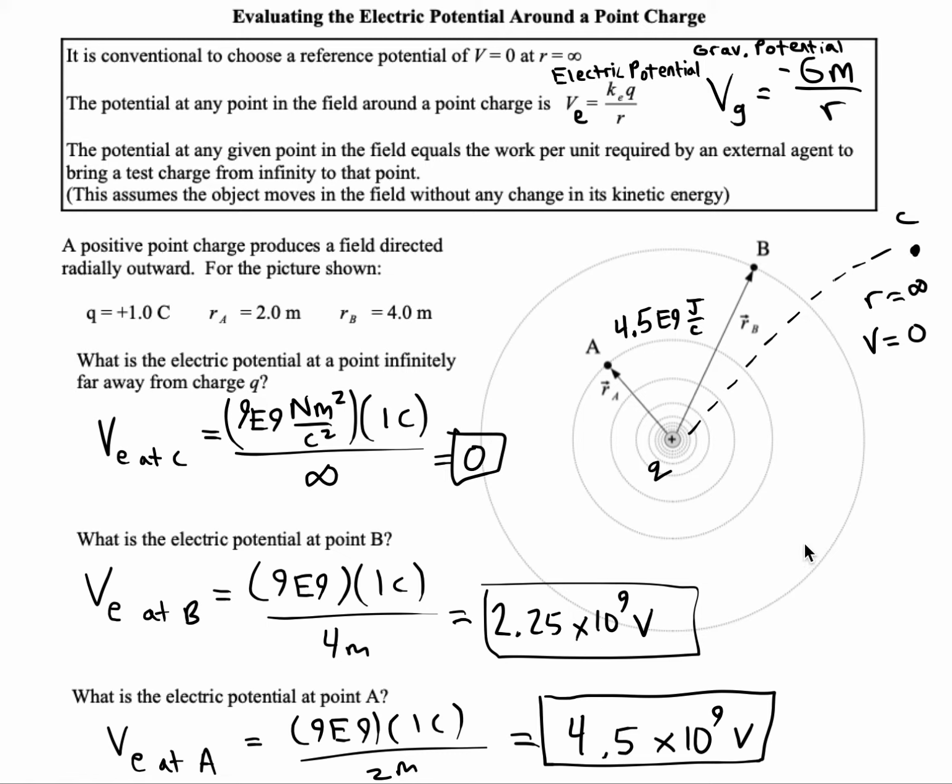And anywhere on this equipotential for B, we'll find that the potential is 2.25 times 10 to the 9 joules per coulomb. All right, so basically doubling the distance from the charge cuts the potential in half.